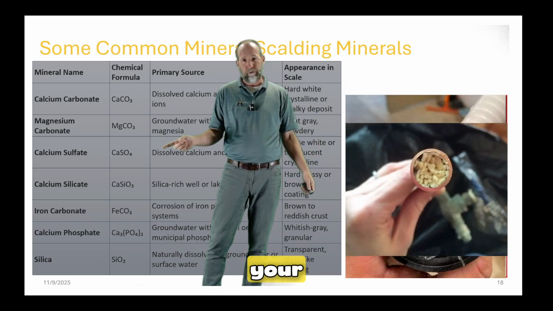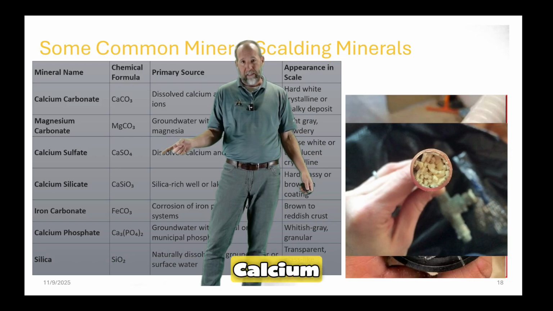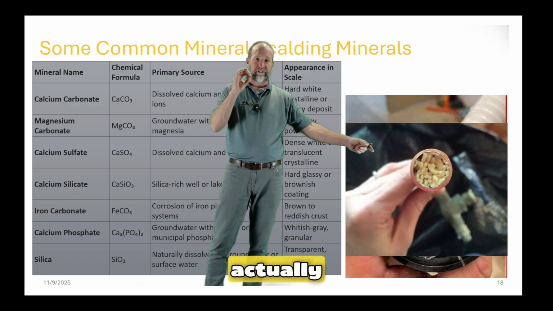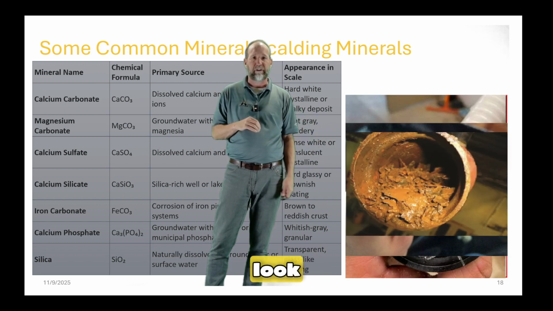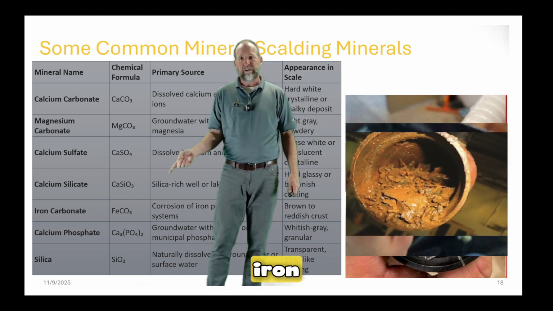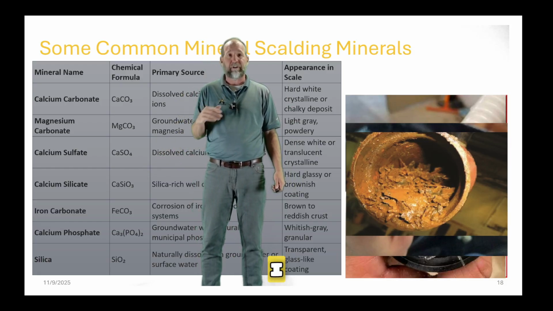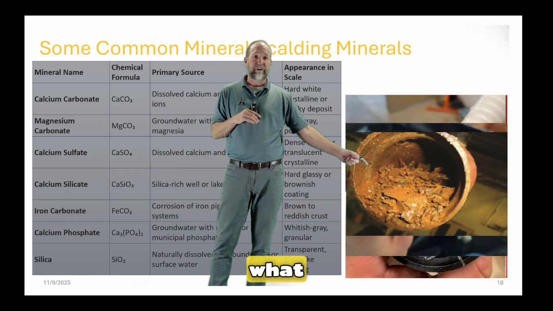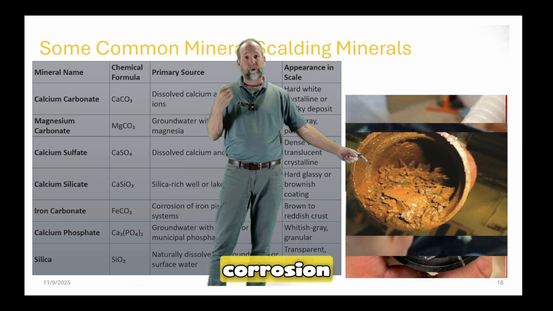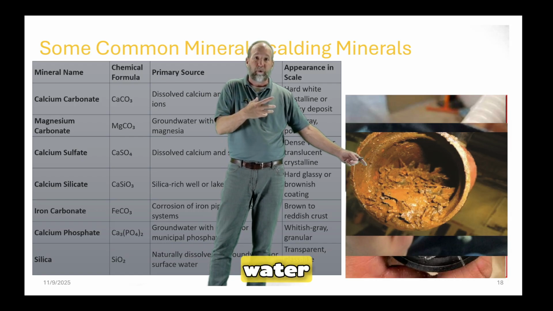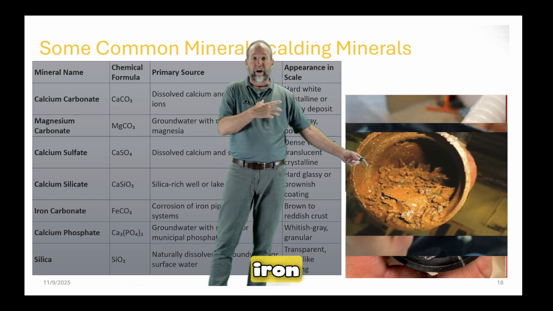Then you've got your calcium silicate. Kind of looks like that. If you have little pellets, they actually form these little pellets. They look a little bit like that. Iron carbonate, I showed you that already, or iron oxide sometimes I call it. But essentially what you've got going here is a combination of corrosion and bringing iron in, or you may have iron in your water and you have that iron precipitating.